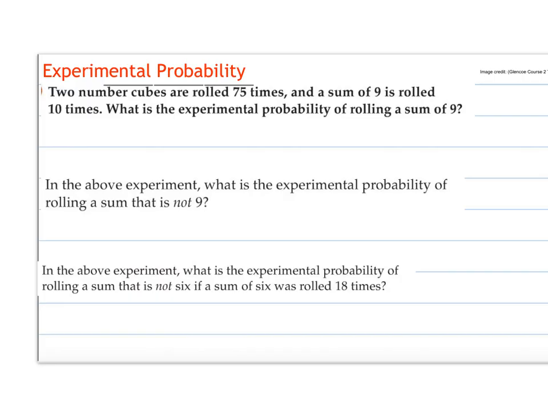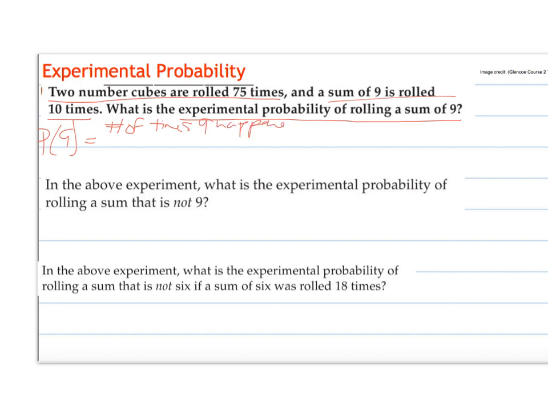So we're going to look at experimental probability for what actually happens. What's the probability of something happening in an experiment? If two number cubes are rolled 75 times, and the sum of 9 was rolled 10 times, we want to know the experimental probability of getting a 9. So we're looking for the number of times 9 occurred over the total number of rolls.